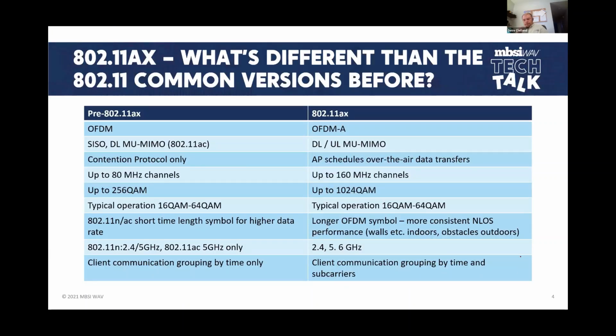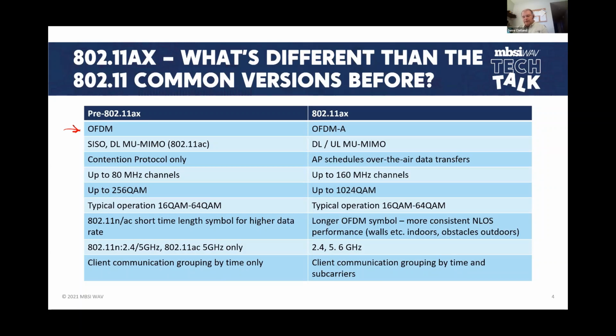So what's different with pre-802.11ax Wi-Fi protocols compared to what 802.11ax offers? First of all, 802.11ac is OFDM. What does that mean?